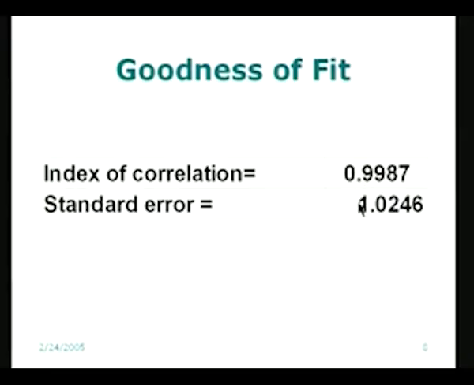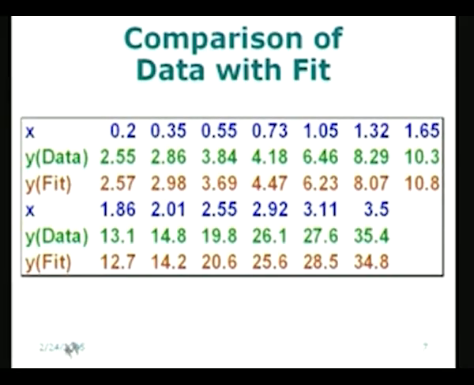And in fact, I can also calculate the standard error. And how do I calculate the standard error? If I go back to the previous slide, I am going to take the difference between these two quantities, the green and the brown values, square them and add for all the points which are given here, and I am going to divide it by the total degrees of freedom, which is n minus 3, because there are 3 parameters which have been determined by using the normal equations.